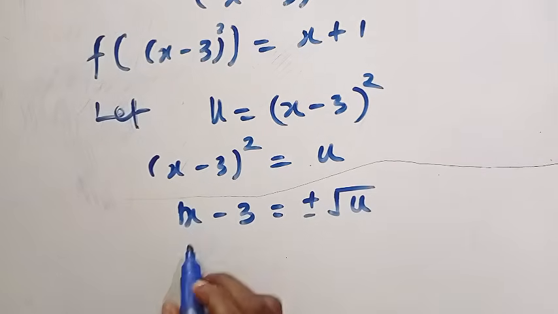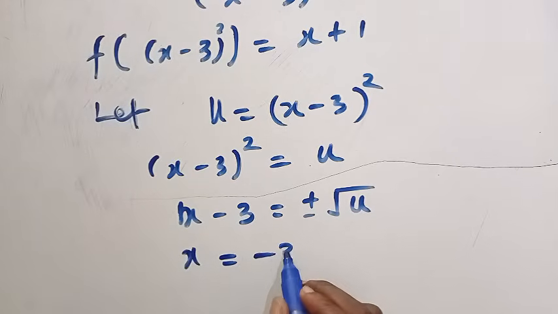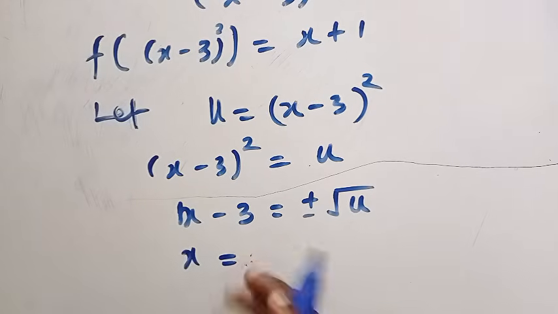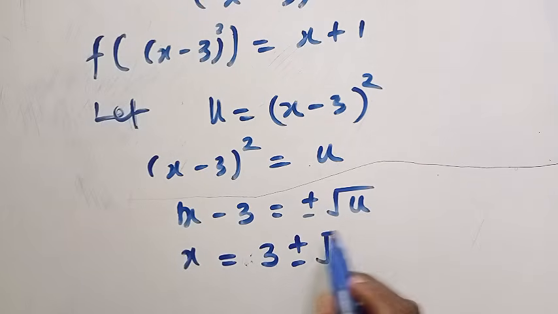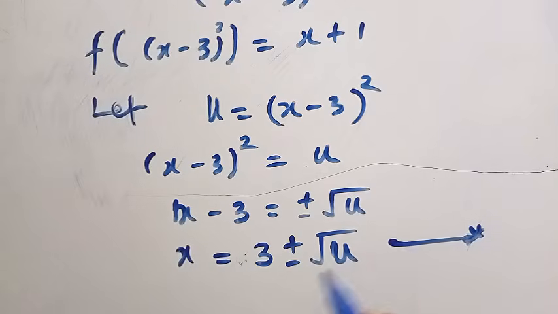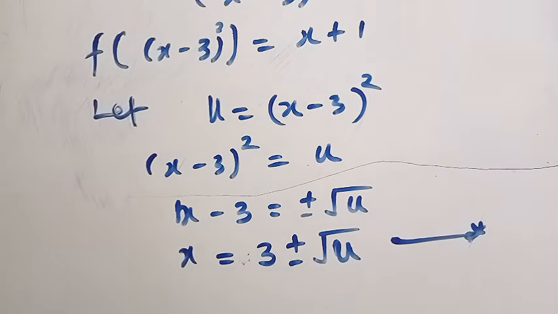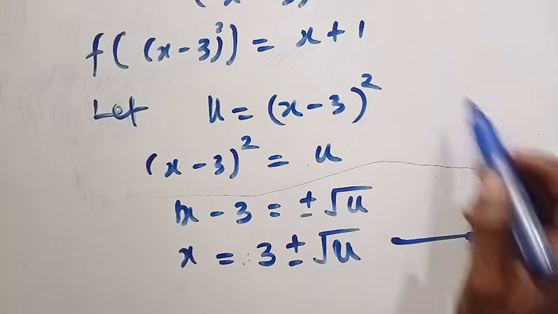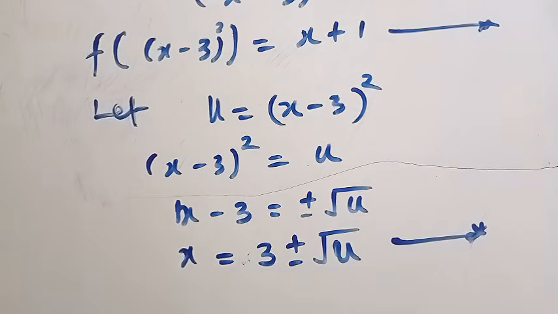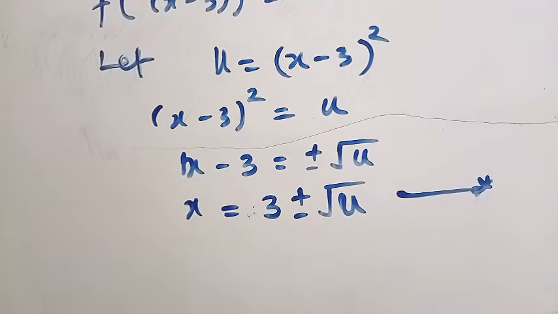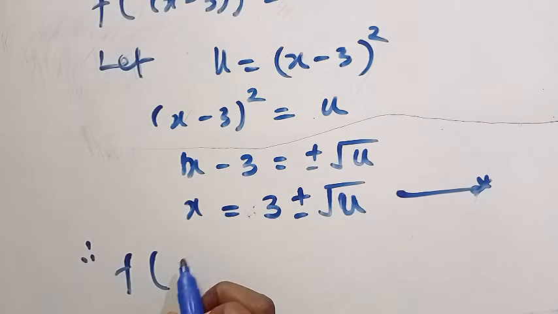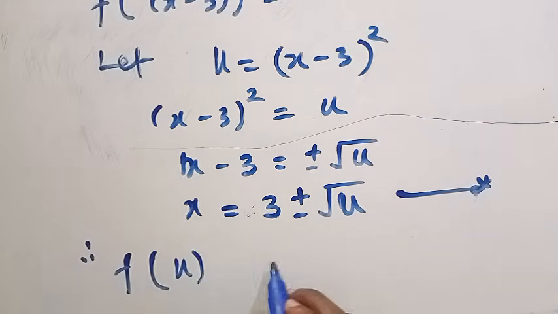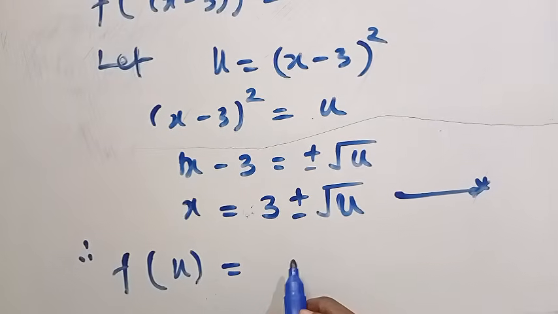If I make x the subject of the formula, we have to transfer this minus 3 to the other side, and this gives us 3 plus or minus square root of u. If this is what we have, we are going to take back the substitution into this equation. By substituting, we are going to have f of x minus 3 all squared, which is u, equals x plus 1.